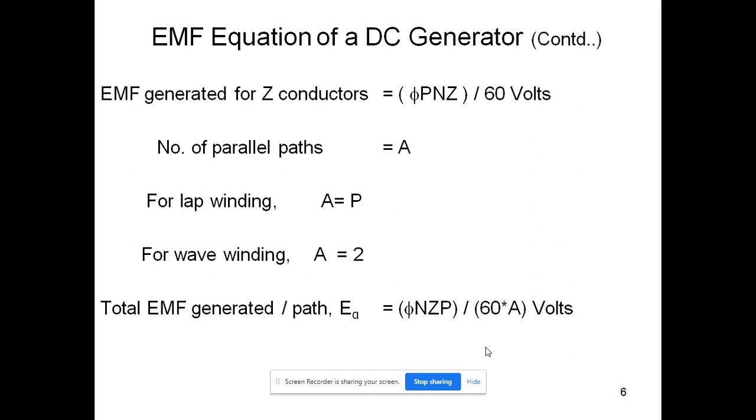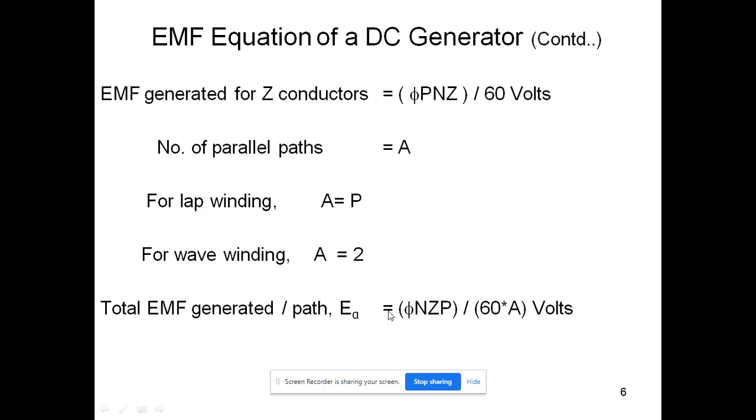Let us see some problems on the EMF equation of DC generators. In order to solve the above problems, we should remember this EMF equation.